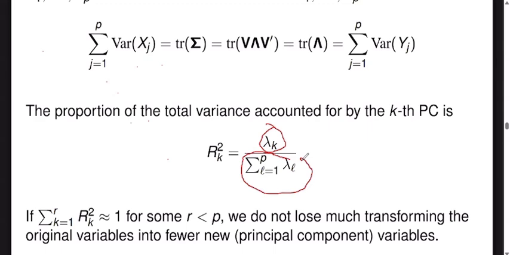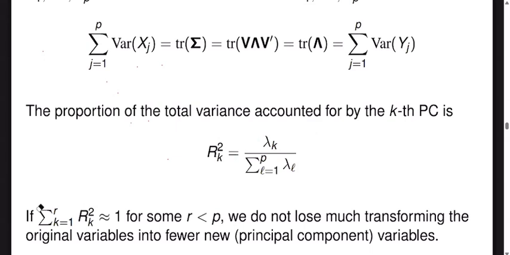So if I take the ratio of the variance of a particular principal component to the total variance, I get the proportion of the total variance explained by that particular principal component. That's exactly what we can do.